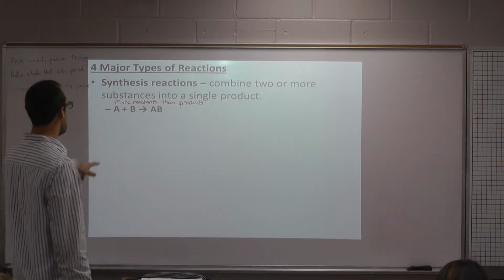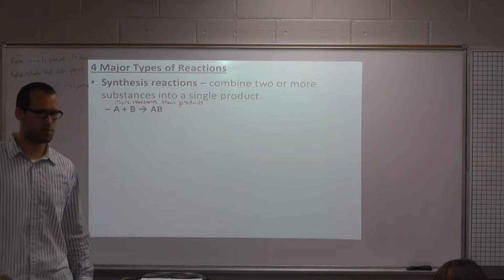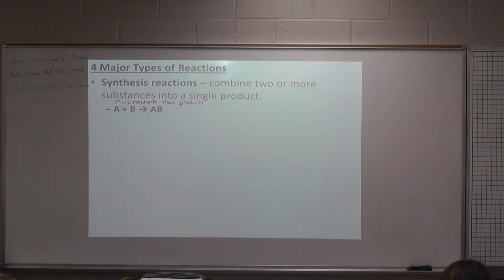Okay, so here's an actual example of what it would look like. Calcium plus chlorine gas comes together to produce that ionic solid. Combining or synthesis. Okay, another example. H2O and CaO forming calcium hydroxide. Again, combining.